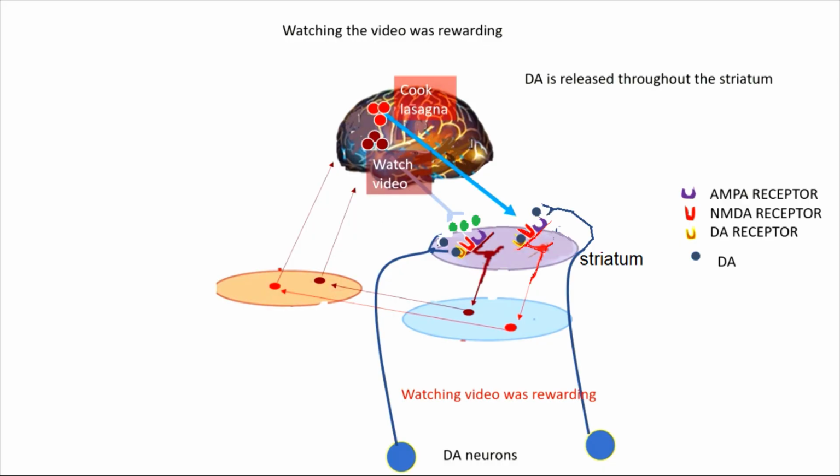If you've got glutamate binding to the AMPA so that the NMDA can be online, and you've got it binding to the NMDA, that's set up perfectly. And since I'm enjoying the video, I've got some dopamine binding to a dopamine receptor. Now you've got the magic ingredients inside the neuron to produce a strengthened synapse.